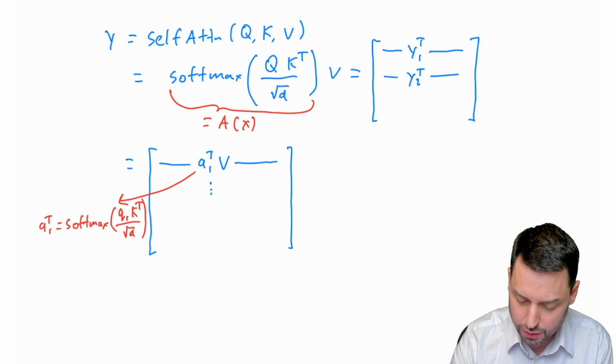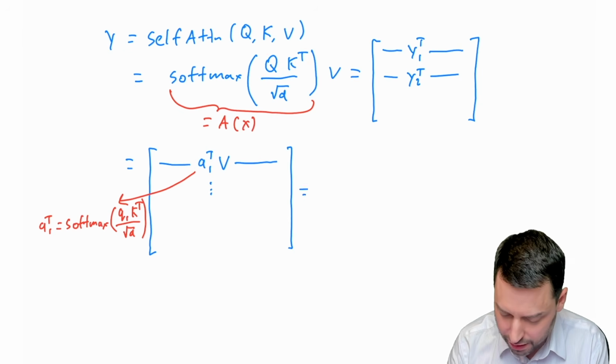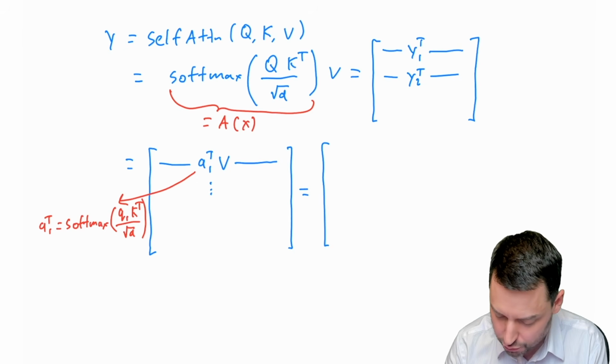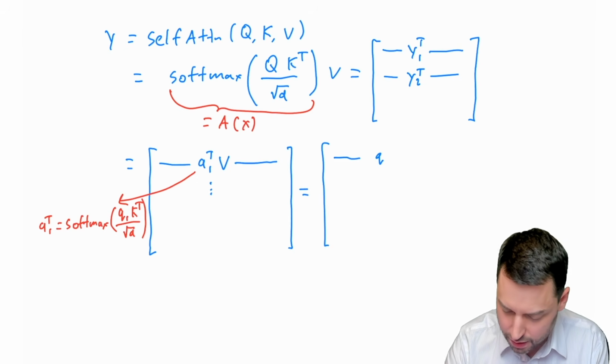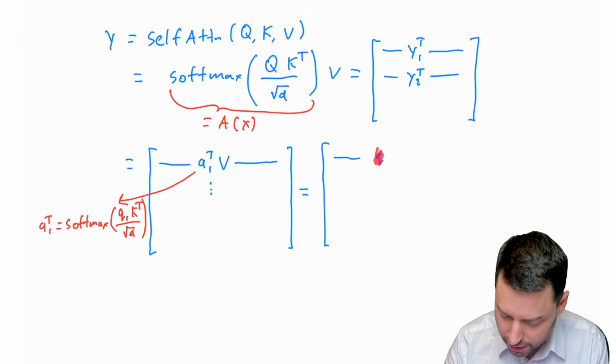All right, so I'm going to write that out again. That whole thing is just going to be equal to the first row of Q. Maybe I'll write softmax too.